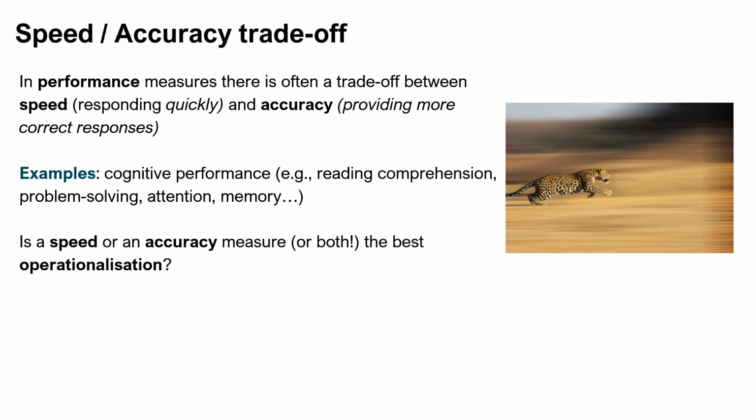And the researcher needs to decide whether speed or accuracy, or both, would be the best operationalization of capacity or performance in this specific area of research and in the specific test that they're using.